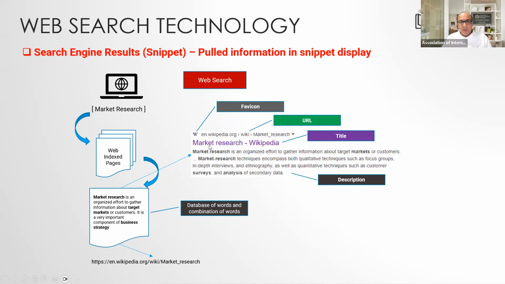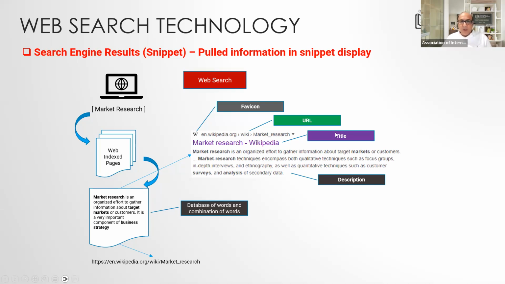The next segment is the title, and the entire thing is called the snippet. So the second element of a snippet is the title part, which is not very long, a limited amount of words, usually with different fonts and a different color. And then under this one, you could see that there is a description part in gray color with some of the matching words to your search term highlighted.